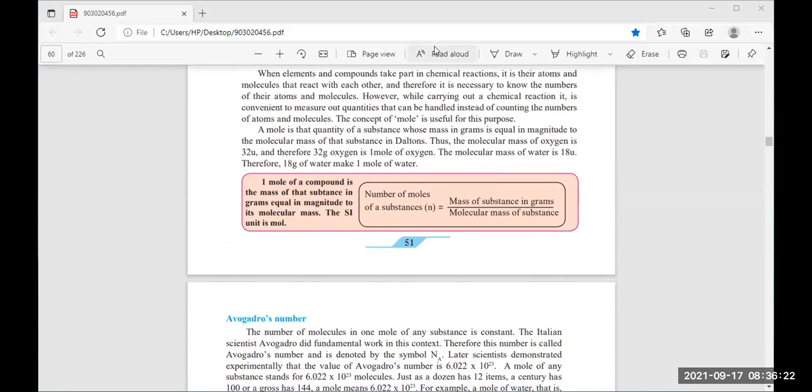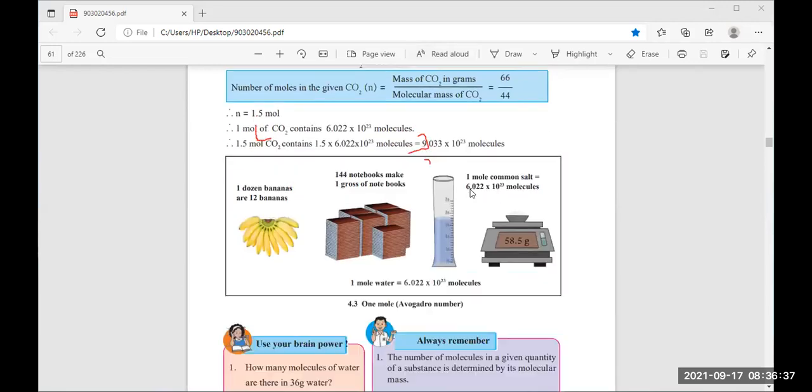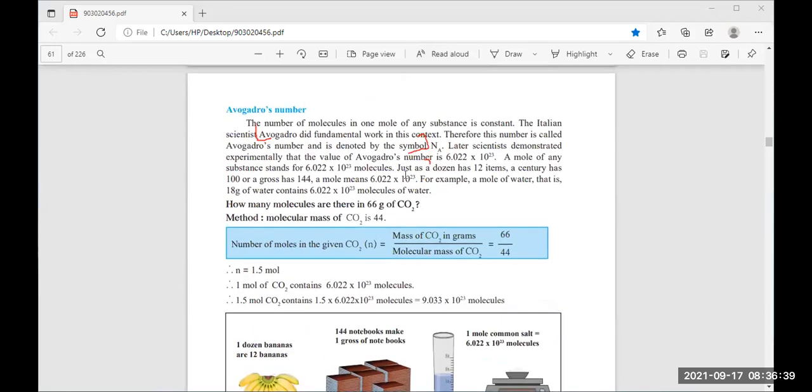So first of all, write your definition. Okay, Daltons up to here, and then you can write this example too. And downside you can write here about this one, the number of moles. So you can write from Avogadro's number, this scientist, and you can write up to here.